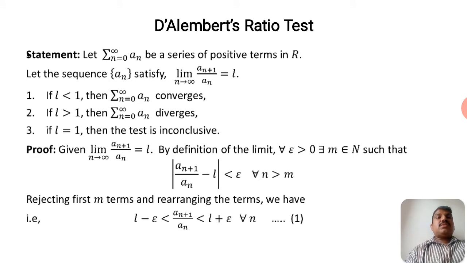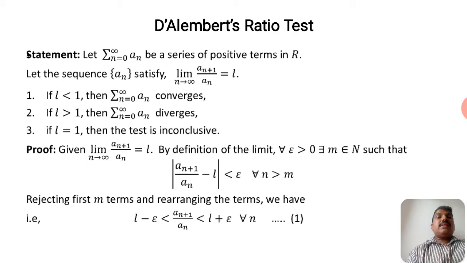D'Alembert's ratio test statement: let the sum of a_n, n equals 0 to infinity, be a series of positive terms in R. Let the sequence a_n satisfy limit as n tends to infinity of a_(n+1) divided by a_n is equal to L. Number 1, if L is less than 1, then the series converges.